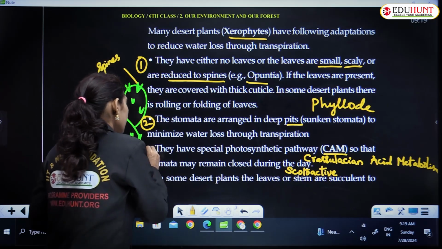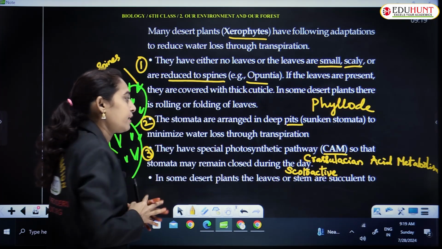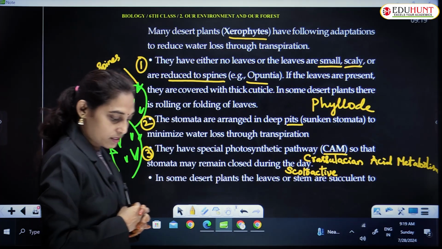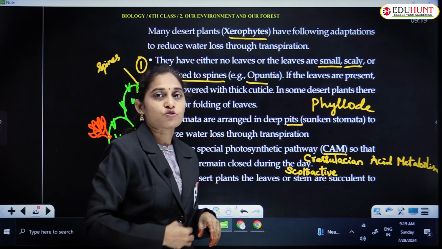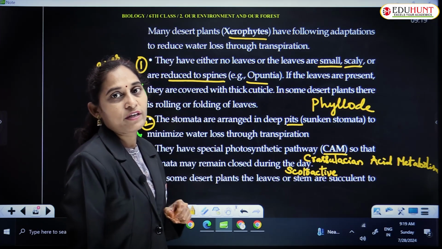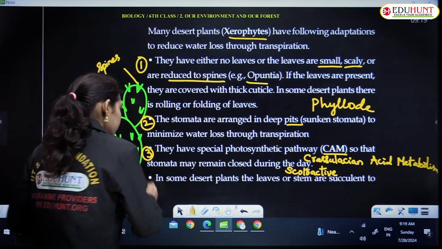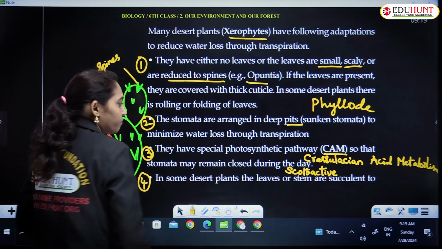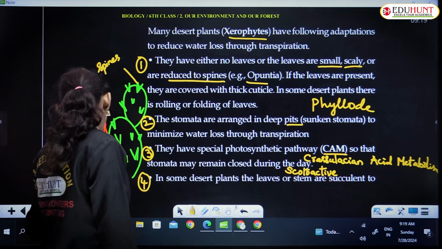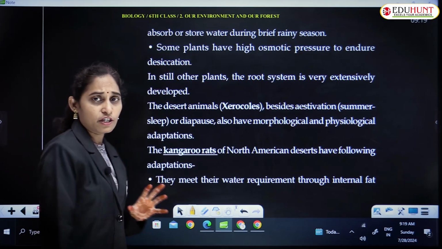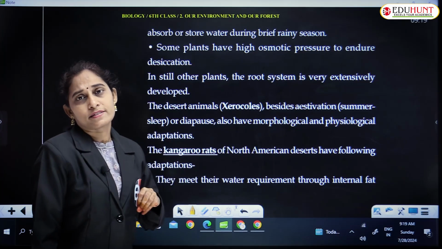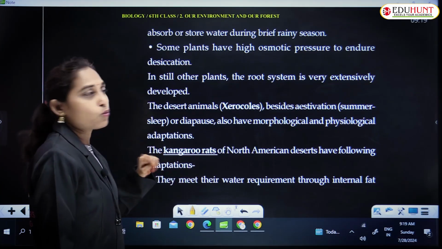The third is the photosynthetic method through the CAM pathway, crassulacean acid metabolism, and their stomata are open during night time to prevent water loss. The fourth one is they have succulent, fleshy body parts like stem, and they have an extensively developed root system.